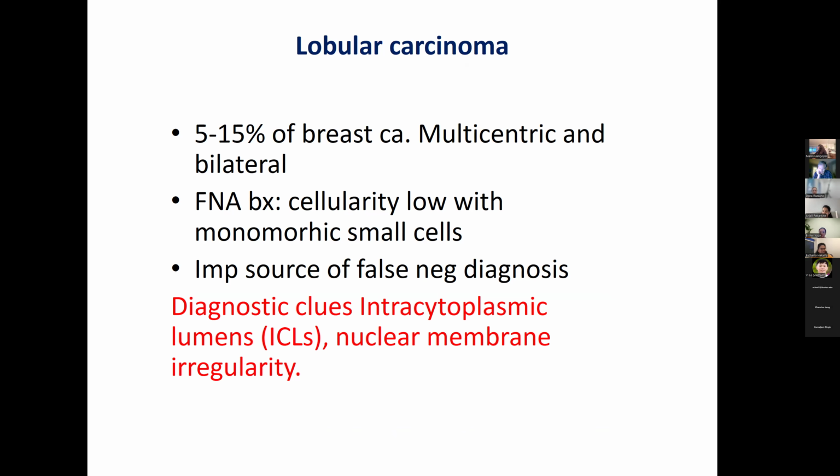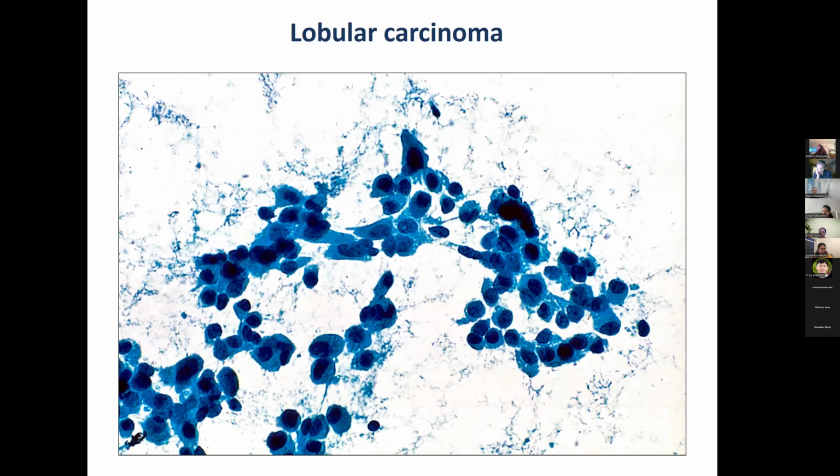But just recognizing that this belongs to the suspicious category is probably more important. Here you see the small tumor cells as opposed to the ductal carcinoma cells. Here, the cells are a little bit smaller. And again, pay attention to the nuclear details. In the Pap stain slide, you will see coarsening of the chromatin and hyperchromasia.